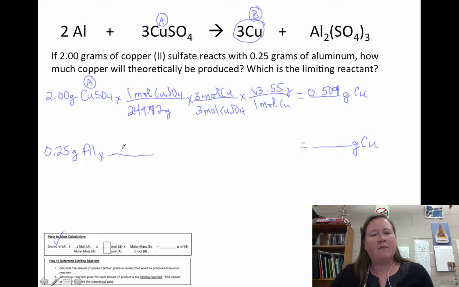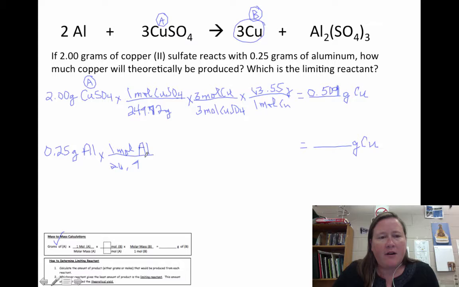Next I have 1 mole of aluminum, 1 mole of my substance A, and it is 26.98 grams.